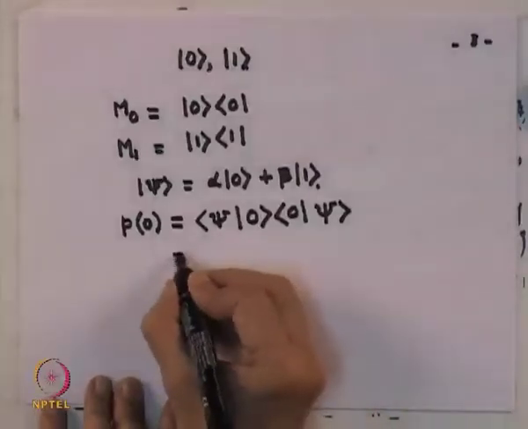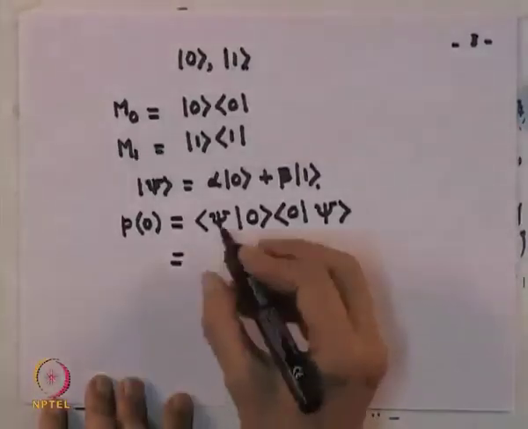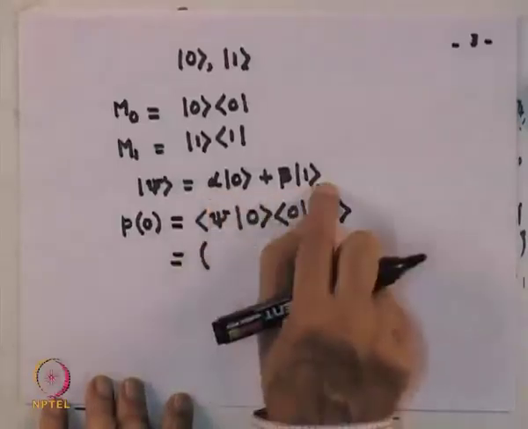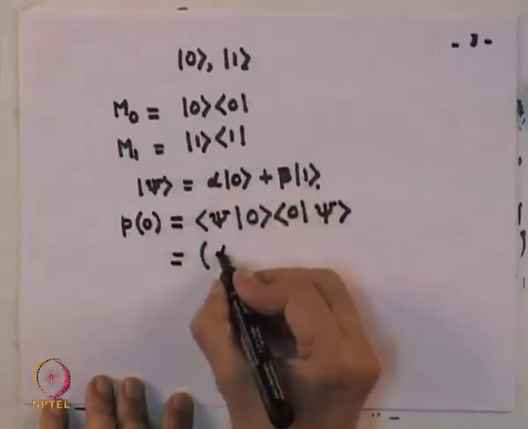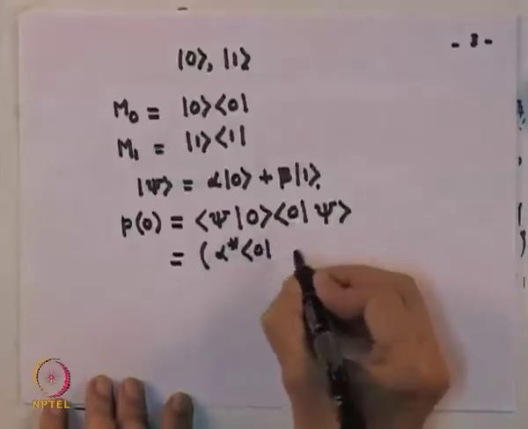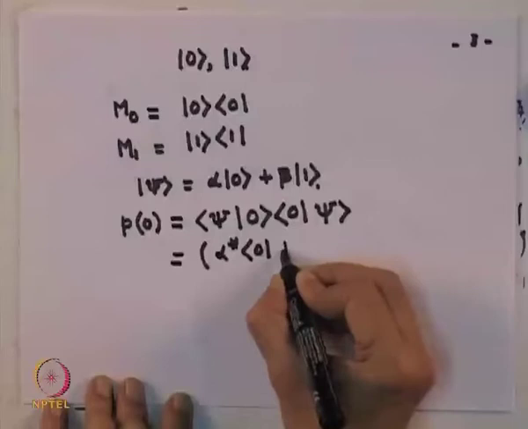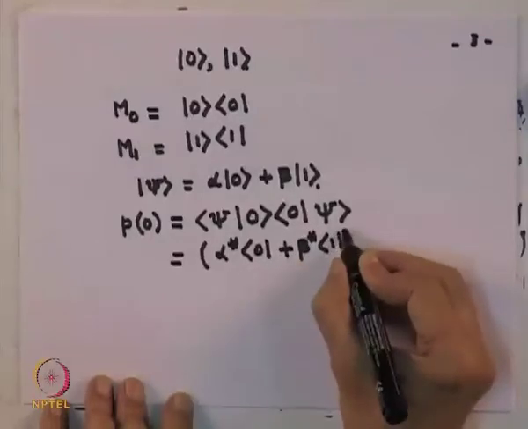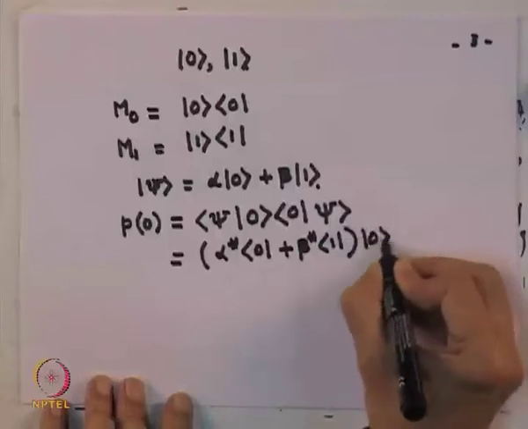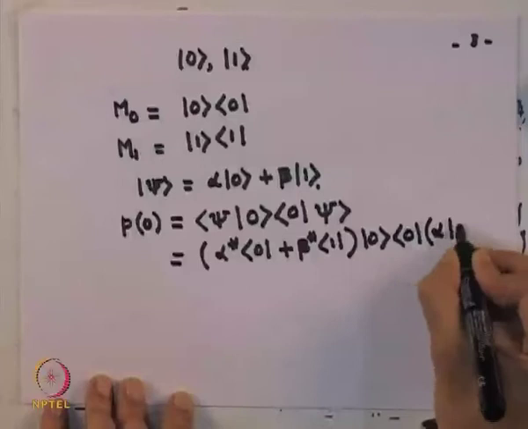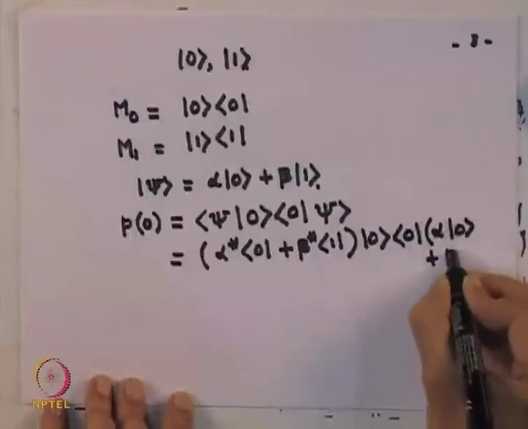Now you can quickly calculate this: this is the bra psi, and we have taken the ket psi to be given by this. So it is alpha star <0| plus beta star <1|, then |0><0|, and psi, which is again alpha |0> plus beta |1>.